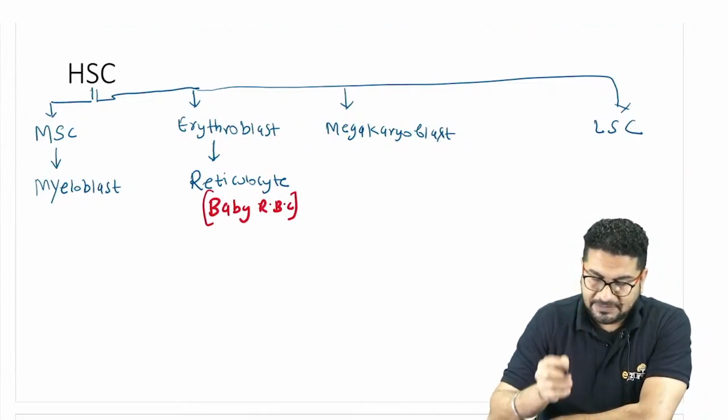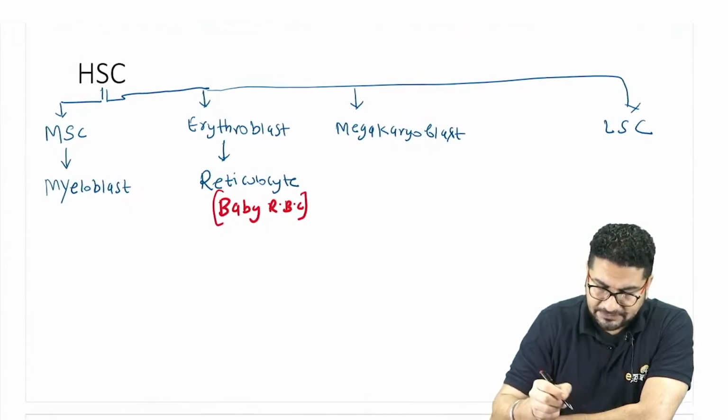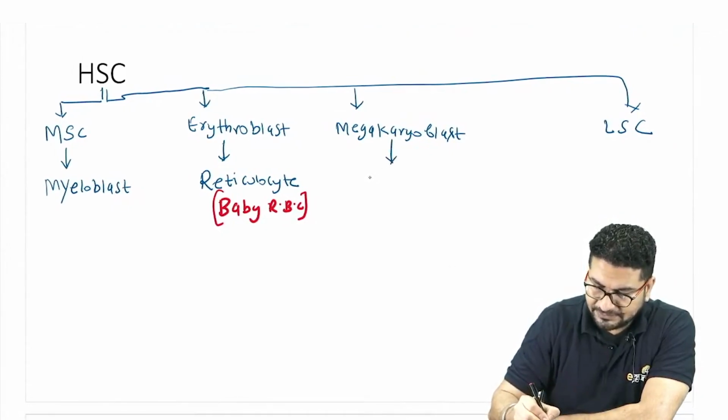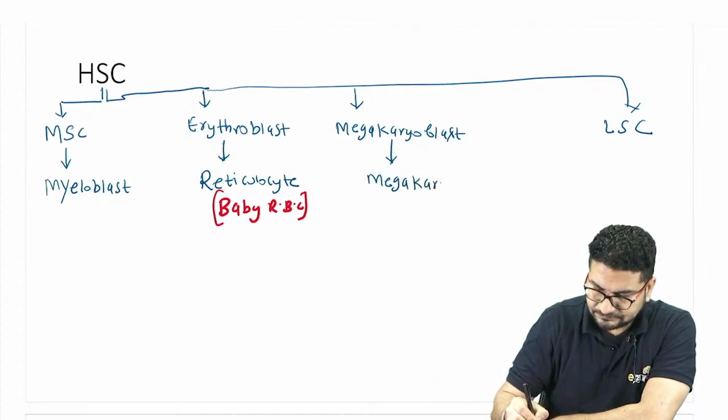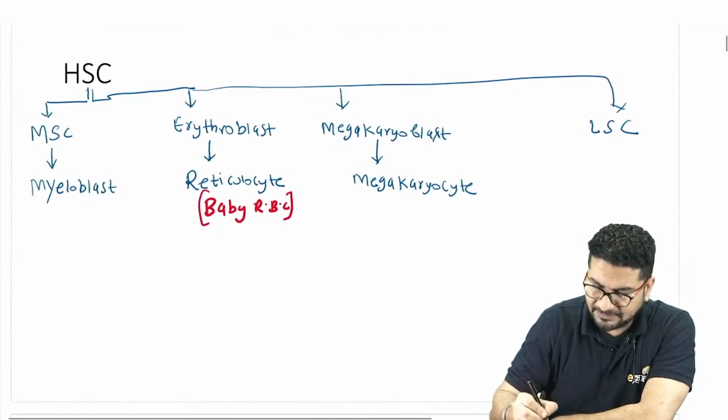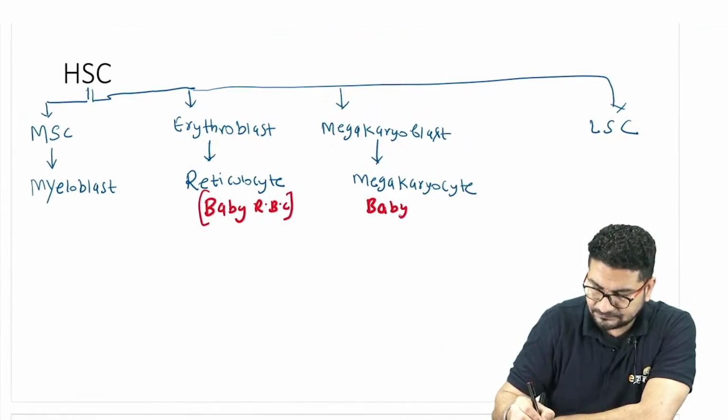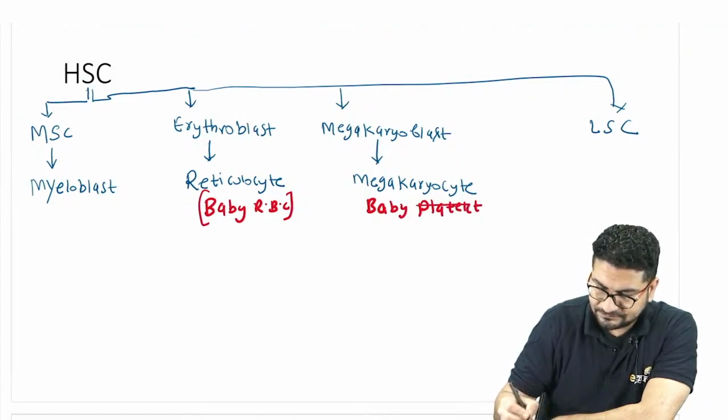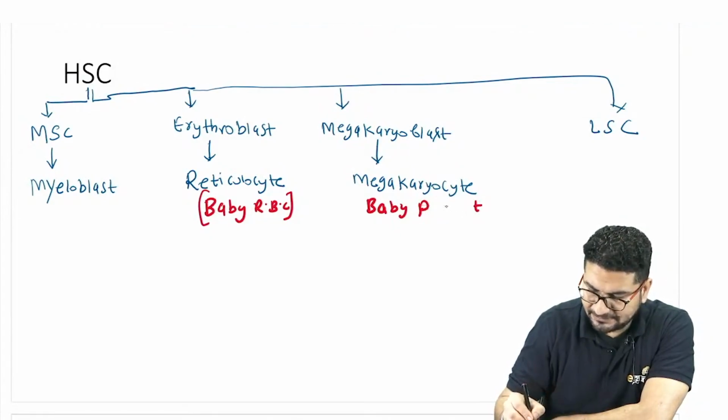Similarly, megakaryoblast will proliferate to form megakaryocyte. And this megakaryocyte, remember, is your baby platelet. So today I told you two babies: baby RBC and baby platelet.